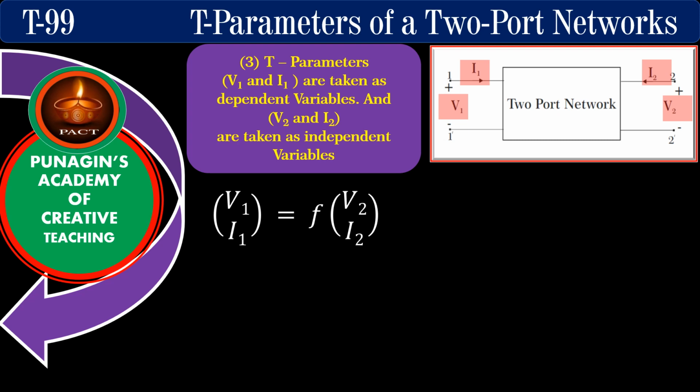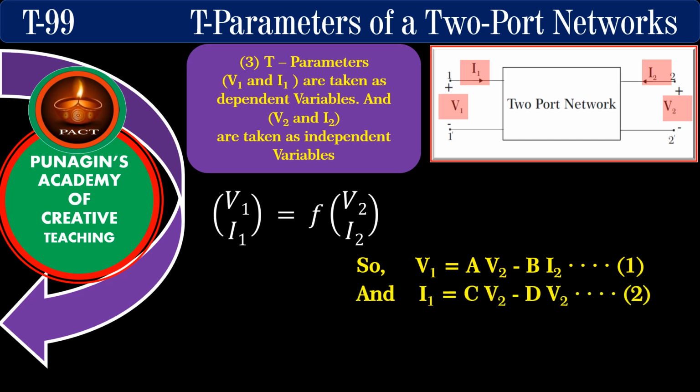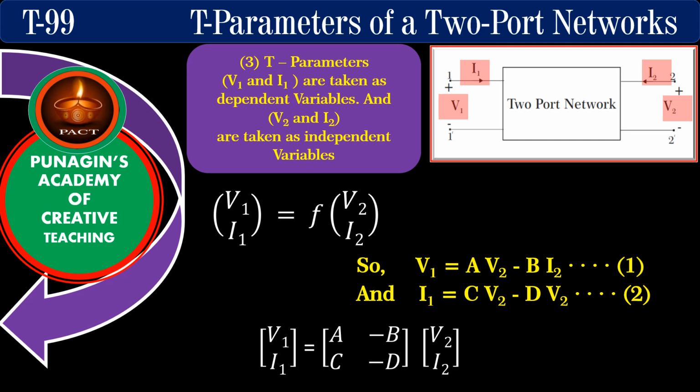So based on this relation, we can write V1 is equal to A V2 minus B I2 and I1 is equal to C V2 minus D I2. And these equations 1 and 2 can be represented in the matrix form, and this 2 by 2 matrix is called the T parameter matrix or ABCD parameter matrix.